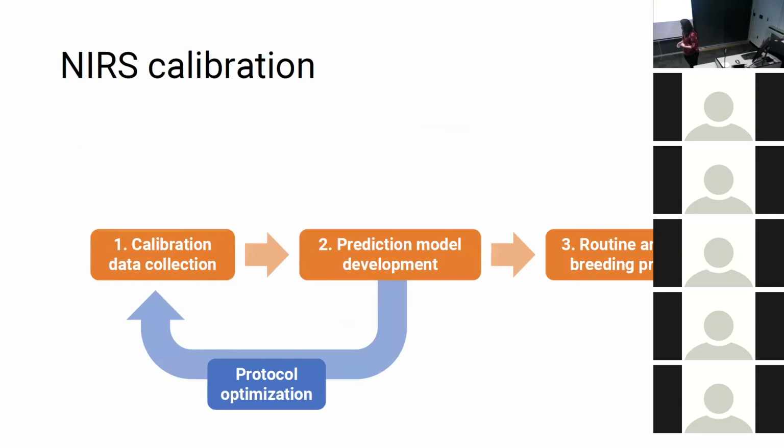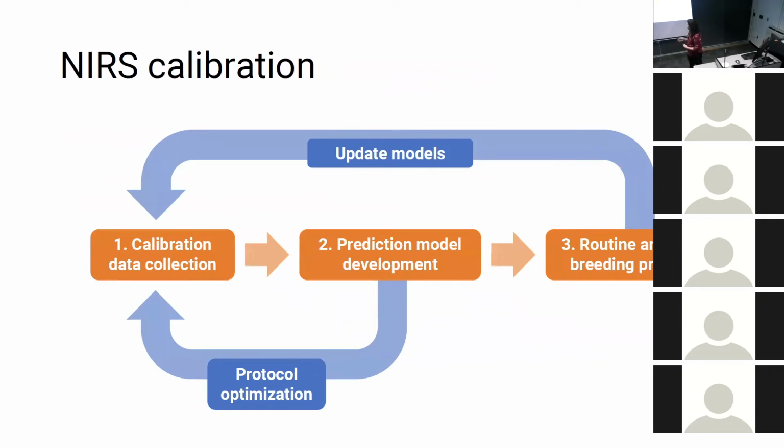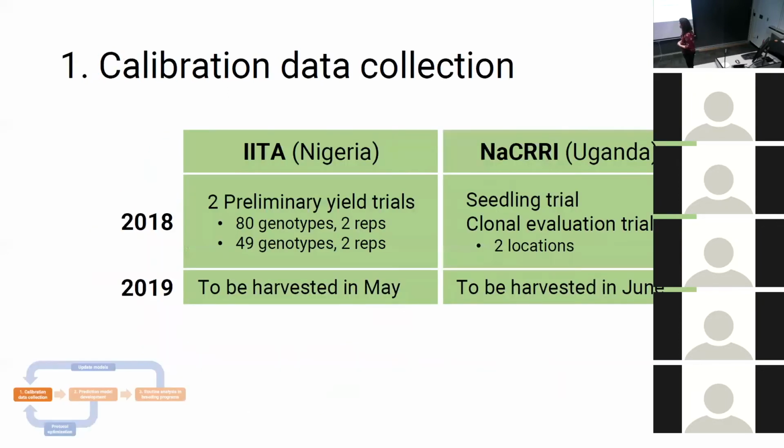So this requires protocol optimization to decide what different steps need to be put into the data collection protocol and also into the model development pipeline. And then once the models are developed, they will also require consistent updating as the phenotype changes, as environments change. So I'm going to zoom in and talk about my work in steps 1, 2, and the protocol optimization.